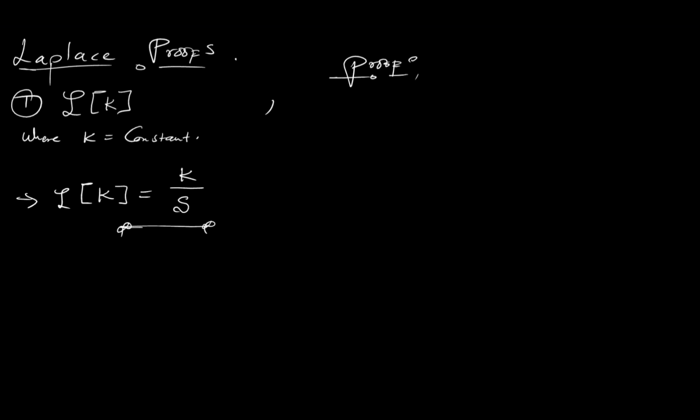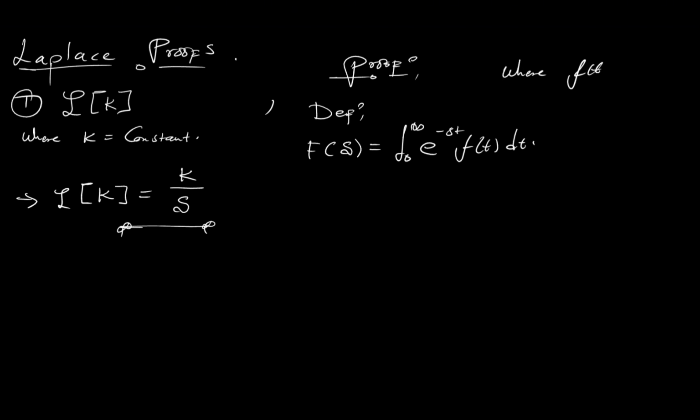We know that by definition, the Laplace, which is given by the f of s, which is the s domain, is equal to the integral from 0 to infinity of e to the minus st of f of t, which is the t domain, dt. In our case, f of t is equal to k.